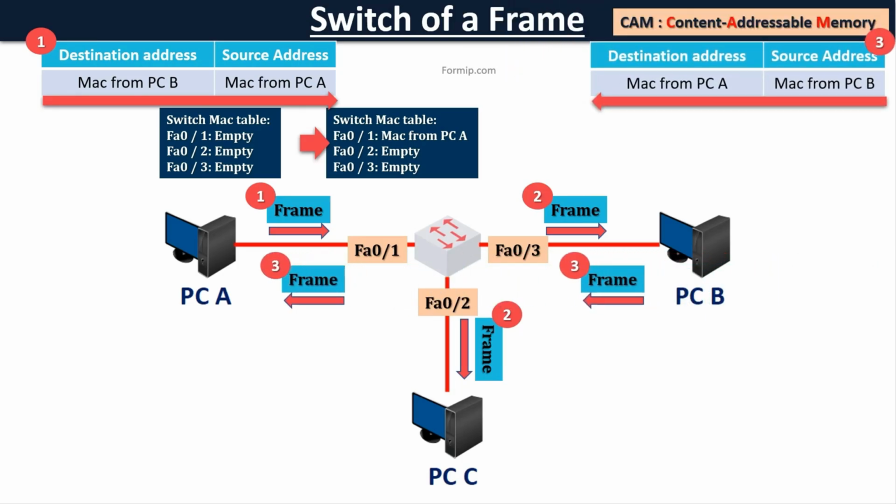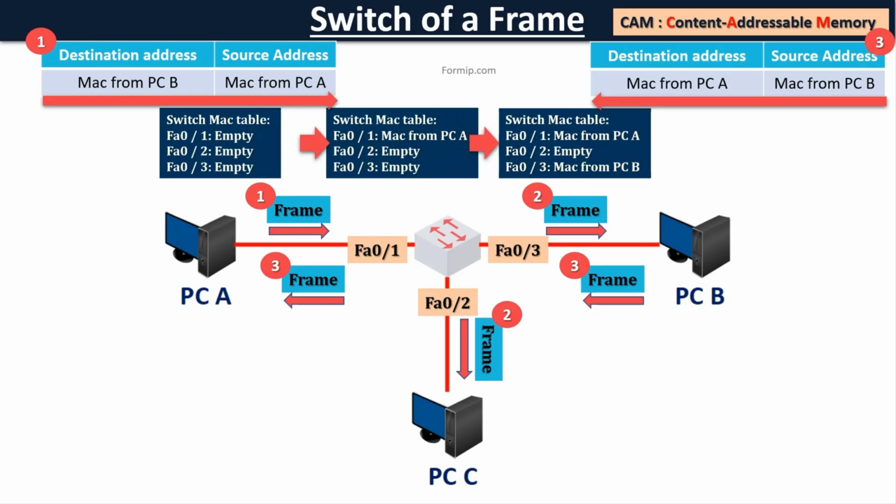The device with the corresponding MAC address, PC B, responds to the switch with a unicast frame addressed directly to PC A. As this frame crosses the switch, it also takes the opportunity to enter the source MAC address of this frame in its MAC table with the corresponding port number.